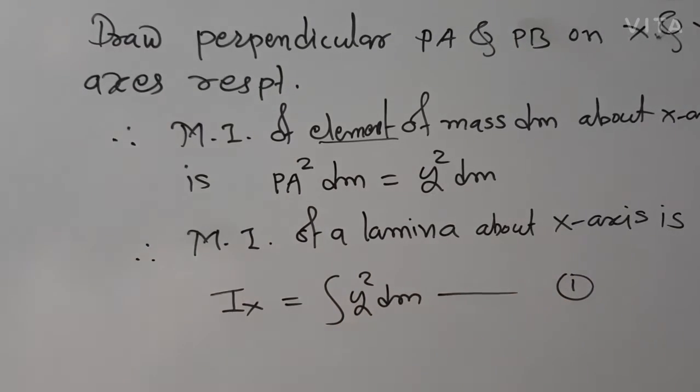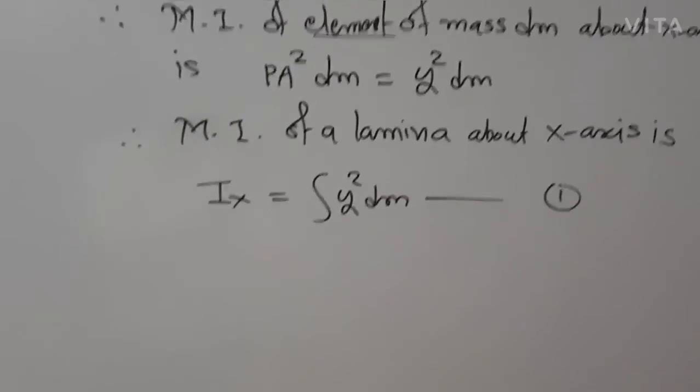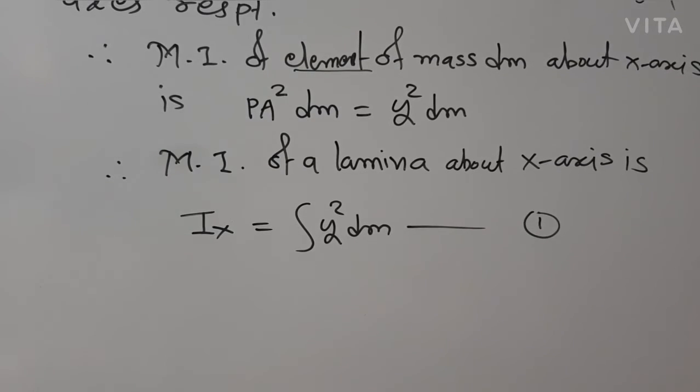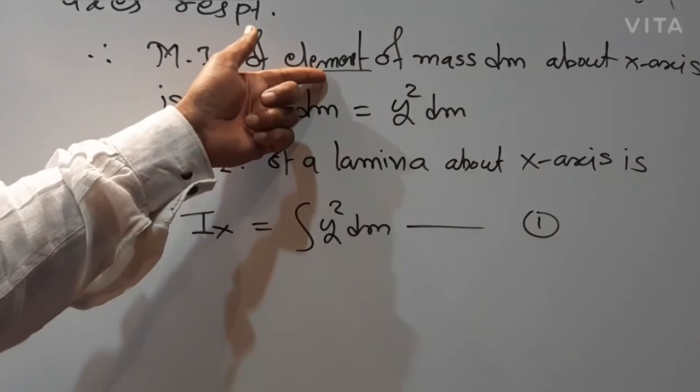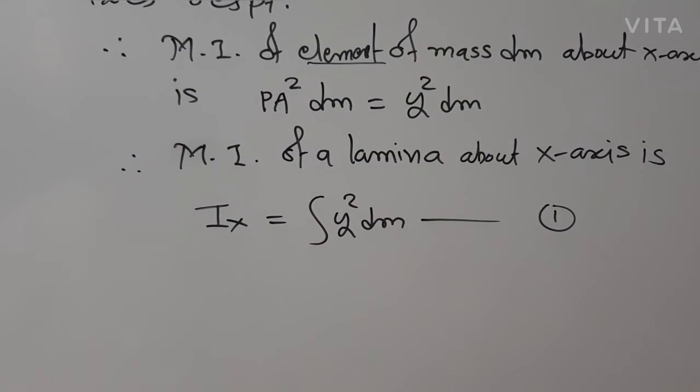Suppose that this is equation 1. We know that equation 1 is expressed in two steps: first the MI of the element, and from integration the MI of the body or lamina.